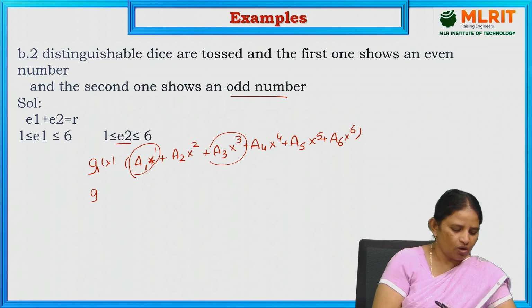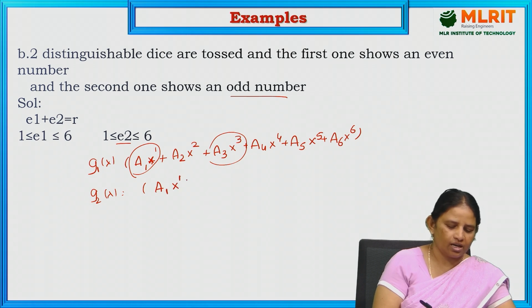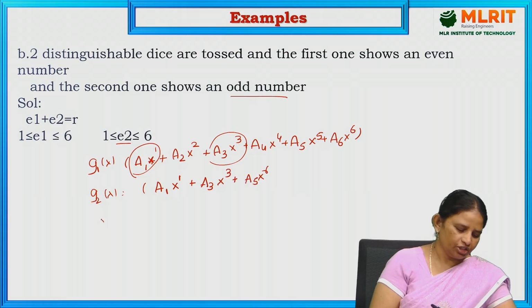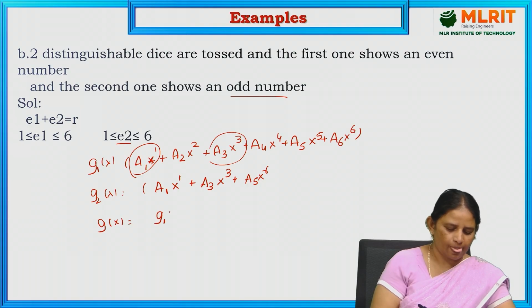What is g2 of x? It also contains 1 to 6 but only odd numbers: a1 x to the power of 1 plus a3 x to the power of 3 plus a5 x to the power of 5. Take g of x as g1 of x into g2 of x.